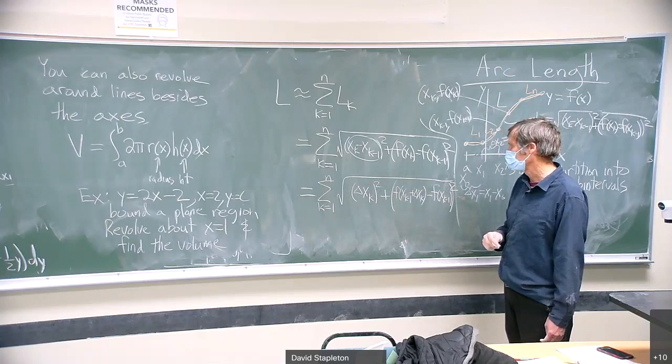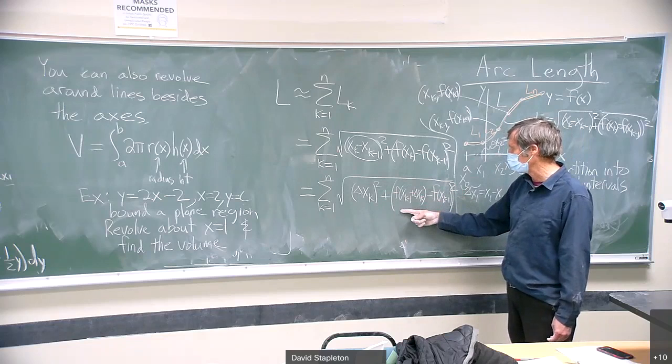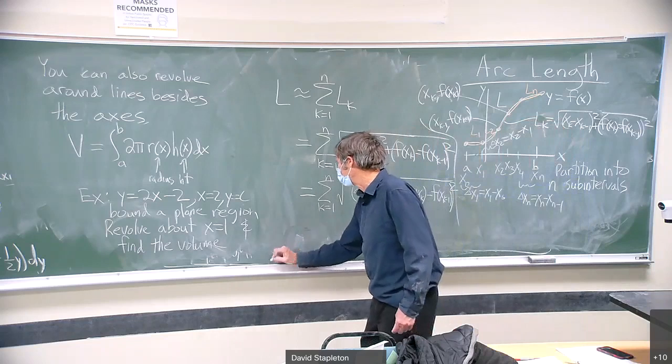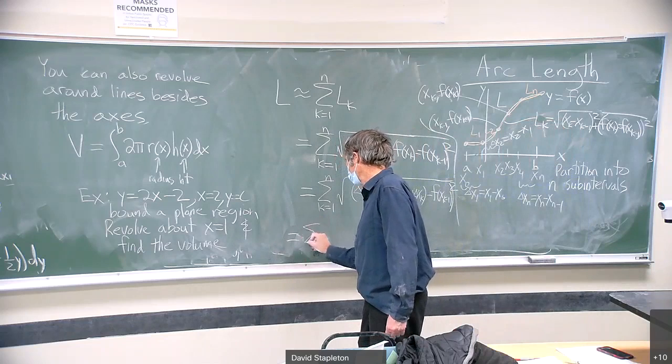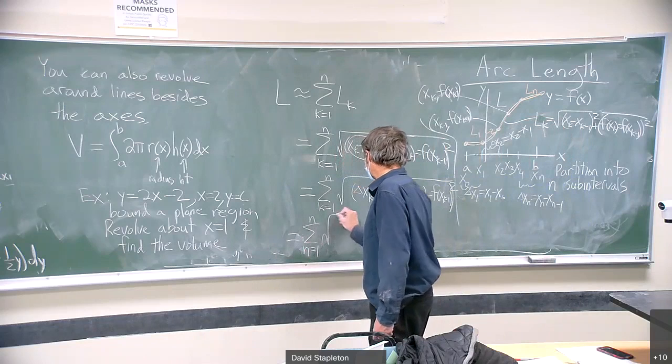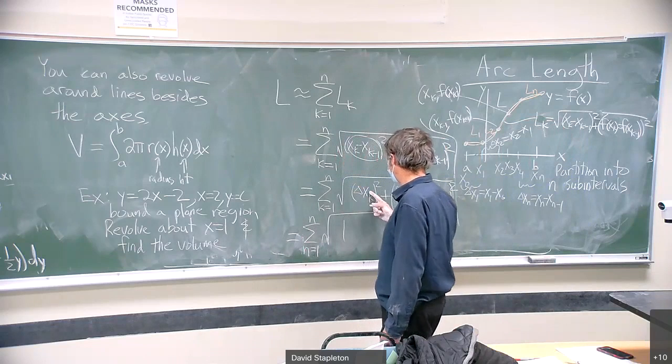And now you divide inside by delta xk squared and multiply outside by delta xk, and you rewrite this as the sum k equals 1 to n. Divide inside by delta xk squared, and I get 1 here.